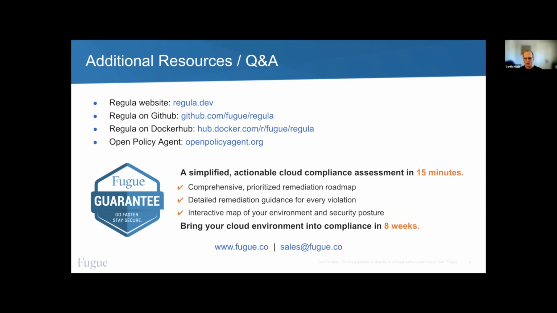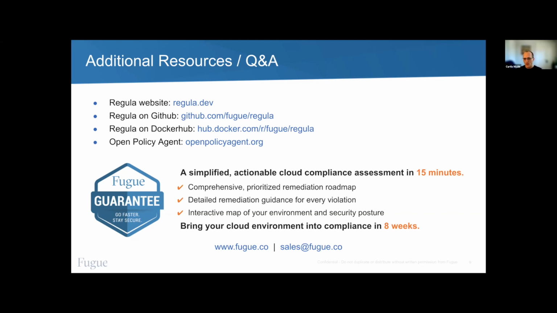I can field one other one. How is it different from Sentinel by HashiCorp? And I guess it's the IaC compatibility with CloudFormation apart from Terraform. Yeah, so you touched on a couple aspects there. Regula, as you saw, works with not just Terraform, but CloudFormation as well, and very soon to be other input types as well. So for example, we may soon be adding checks on Docker Compose files and Kubernetes Helm templates.